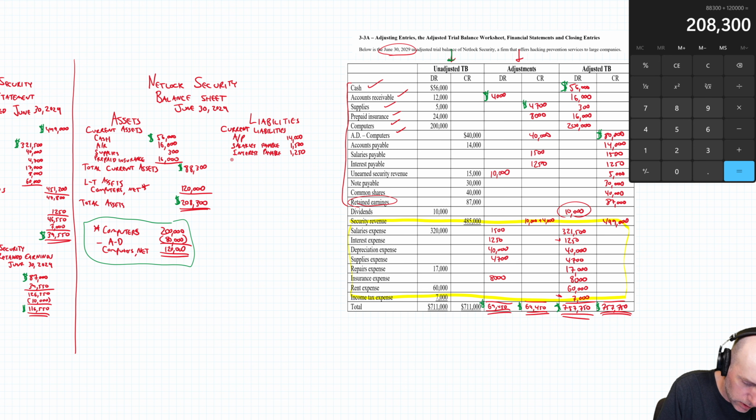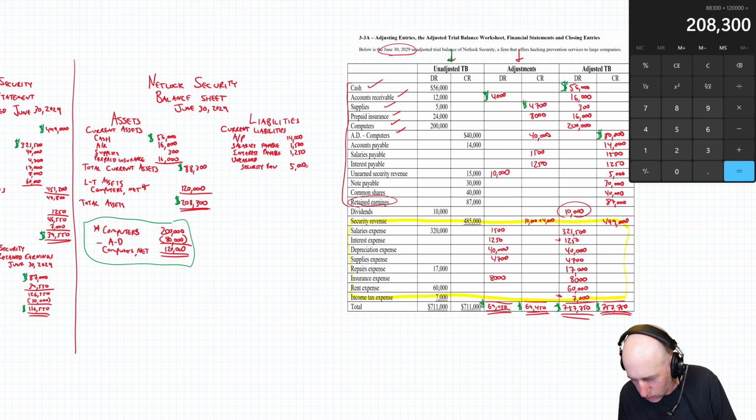Unearned security revenue, $5,000. Unearned, I'm going to make this go on to 2 lines. Security rev, $5,000. Now, again, it's all in the same group.